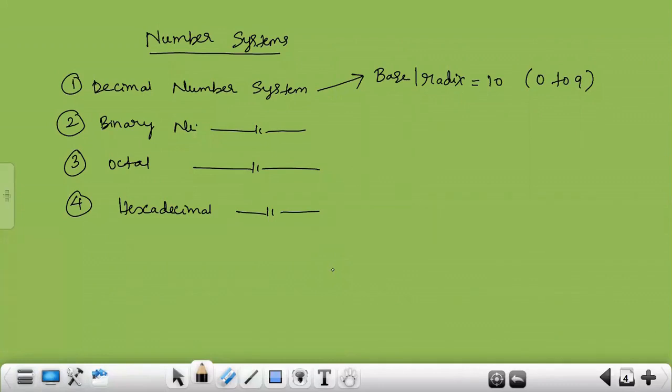And the decimal number system will have 10 symbols ranging from 0 to 9.